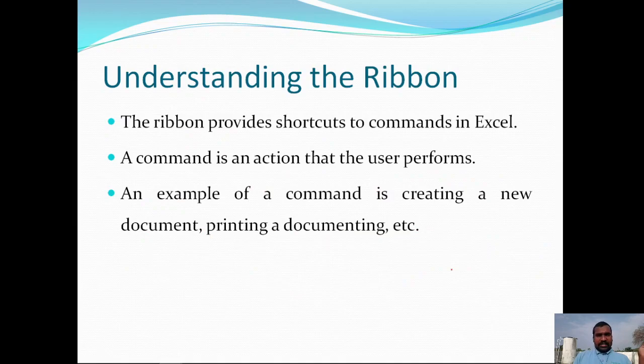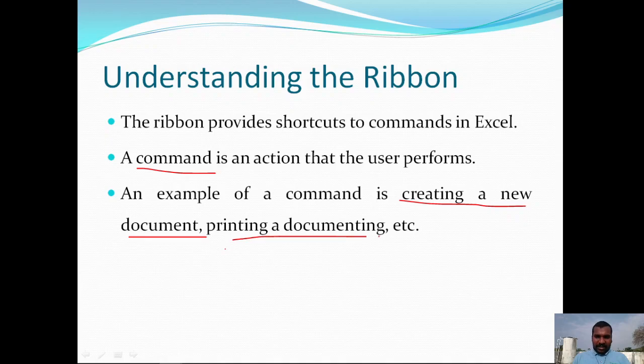Now let us understand the ribbon. A ribbon provides shortcuts to commands in Excel. Commands means the several operations we are performing, which can be identified with the help of shortcuts. A command is an action that the user performs. An example of a command is creating a new document, which is one operation, one command.